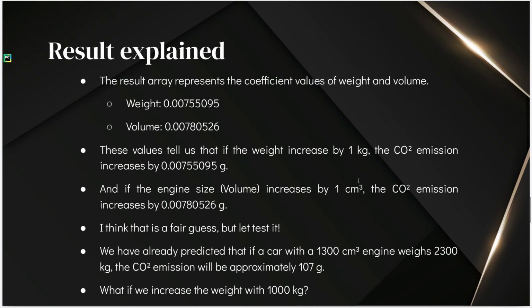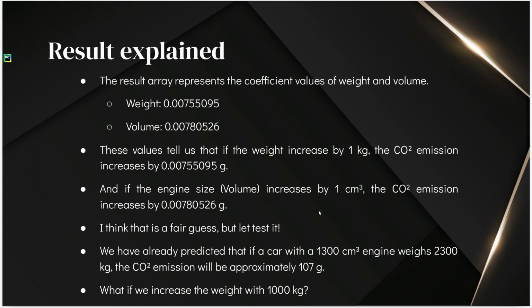And this means that if we increase the weight of the car by 1 kg, the CO2 emission increases by 0.0075 into 1, which is 0.0075 grams. Similarly, if we increase the engine size by 1 cubic centimeter, the carbon dioxide emission would increase by 0.0078. I'm sorry, this is a typo, please ignore it.